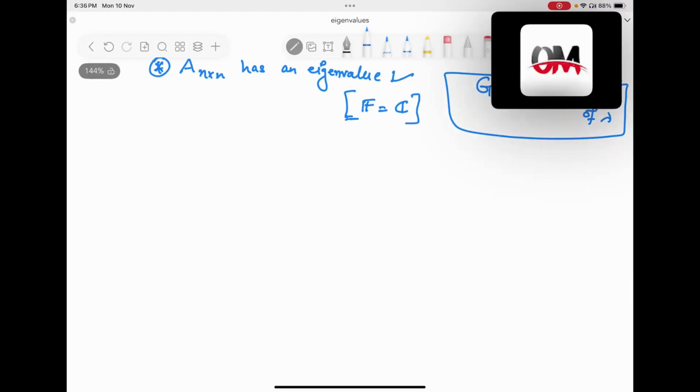Now the question is, suppose you have a linear operator. This is just an operator from finite dimensional to finite dimensional, so this is actually an operator T from Rn to Rn. Every matrix is an operator. Now suppose you have an operator from X to X, but in this case the dimension of X is not finite.